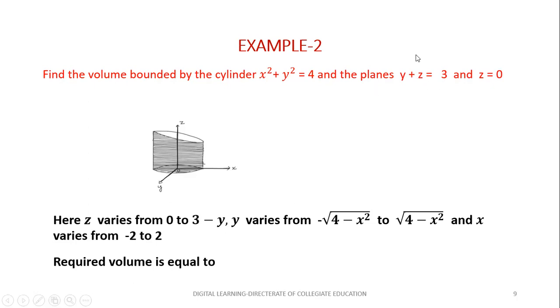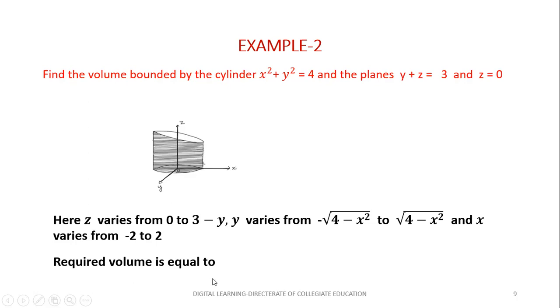Now y varies from minus square root of 4 minus x square to plus square root of 4 minus x square. And taking y is equal to 0, we will get x varies from minus 2 to plus 2. So these are the x, y and z limits.